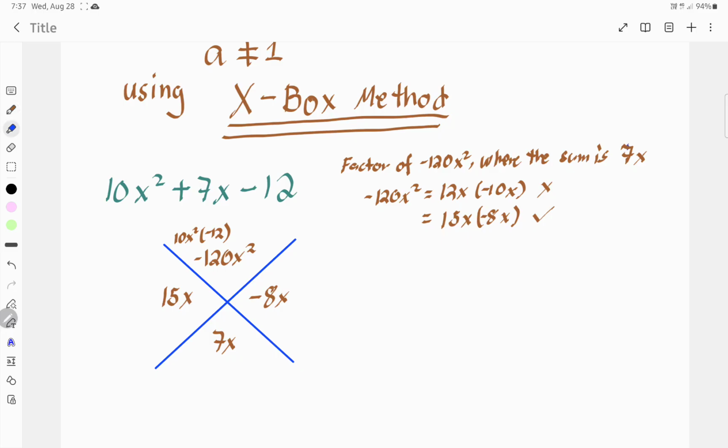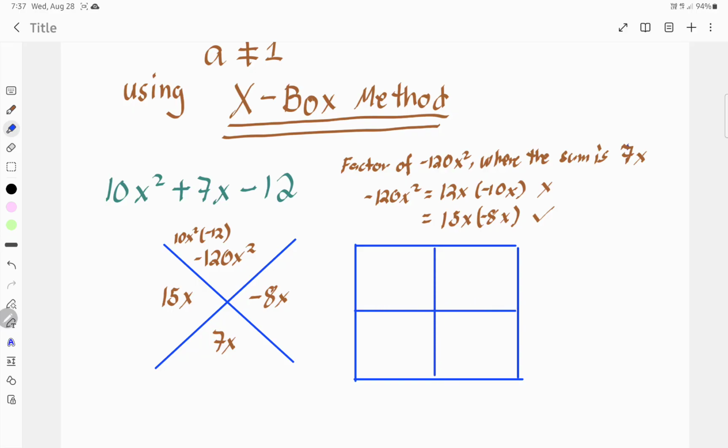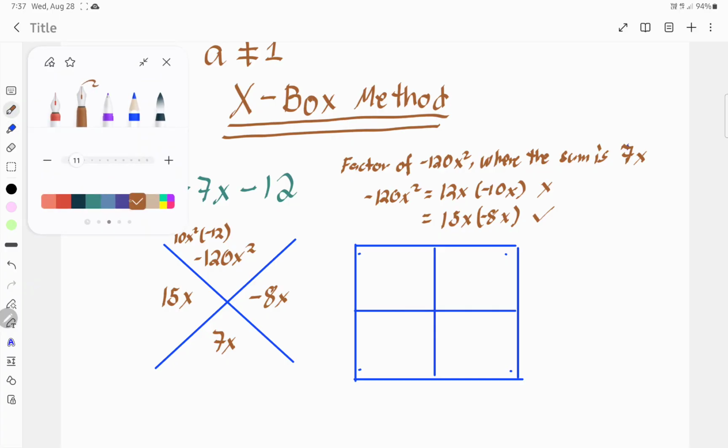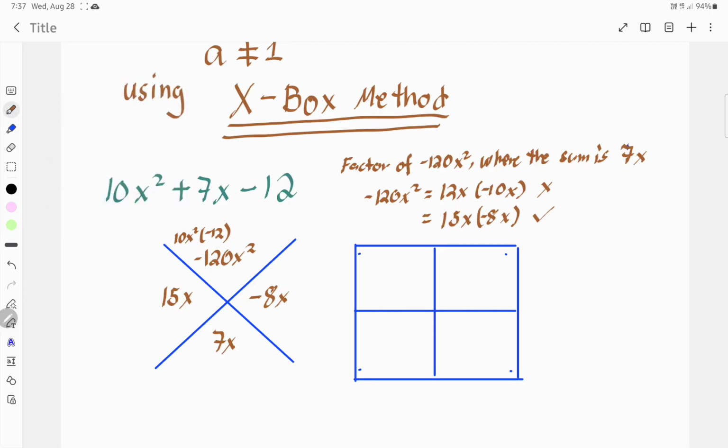Now, let's go with our box. The box is a 2x2 square. So we have the upper left, upper right, lower left. In the upper left, we put our first term, which is 10x squared.